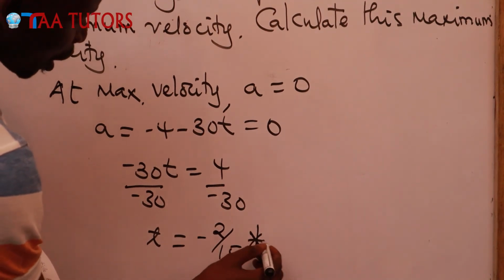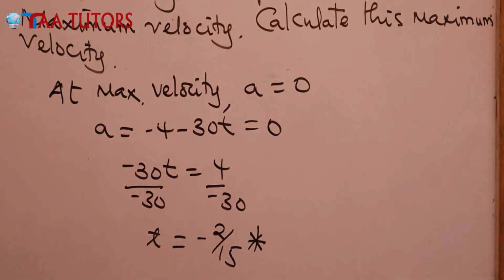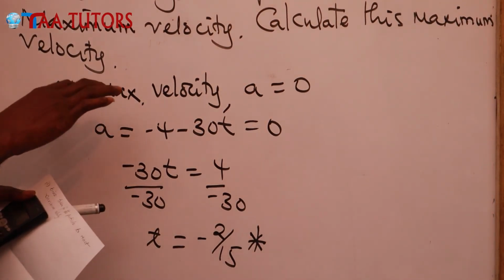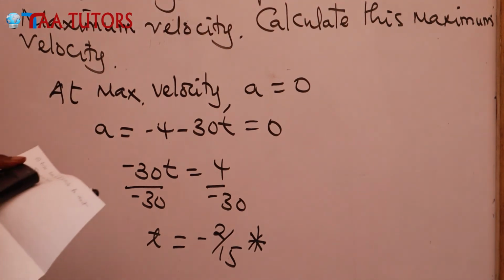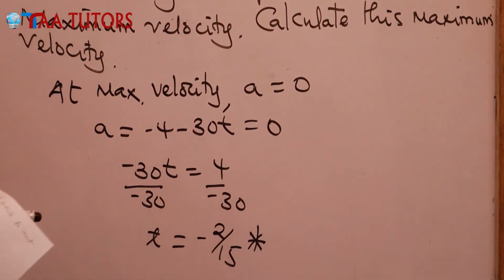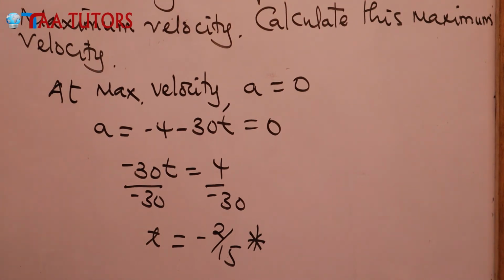Now viewers, we have an issue with that question because time can never be negative. So it means that this question we set was not going to bring in the idea that we need to explain, because we expect t to be positive.